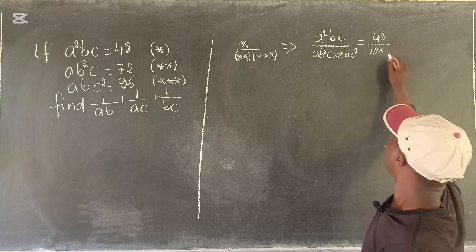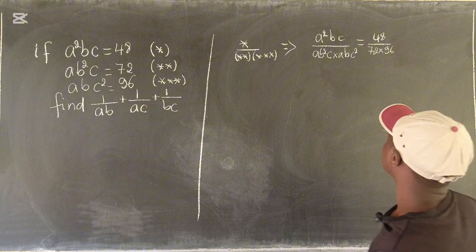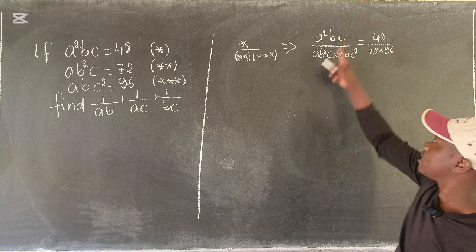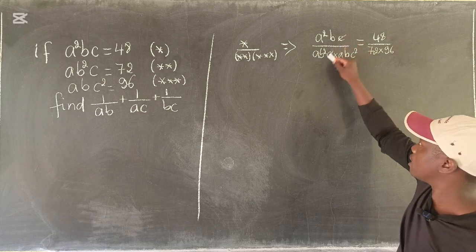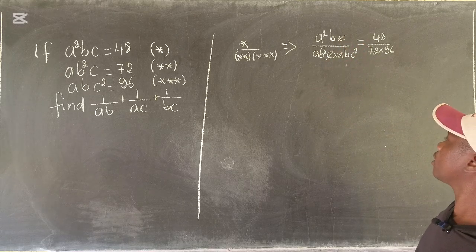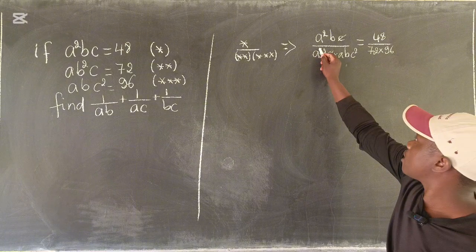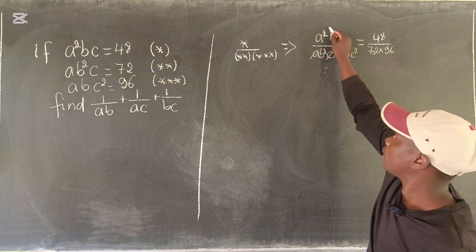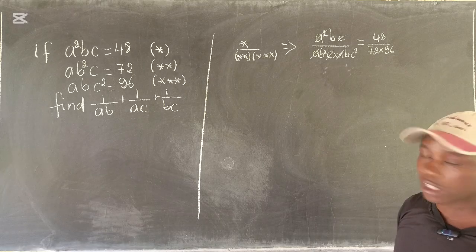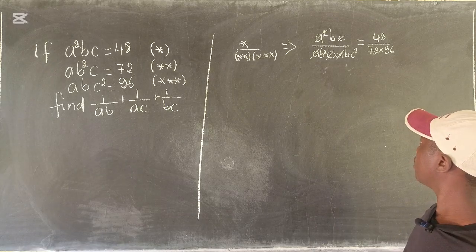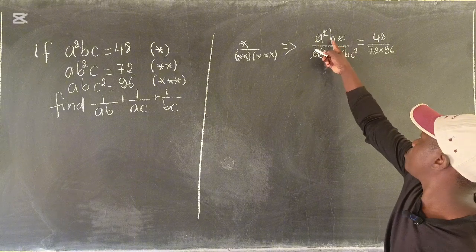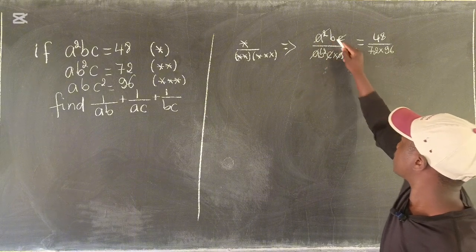Let's simplify this c and this one to give 1. This a times this a will be a squared, simplify with a squared. Let's simplify this b and this one.